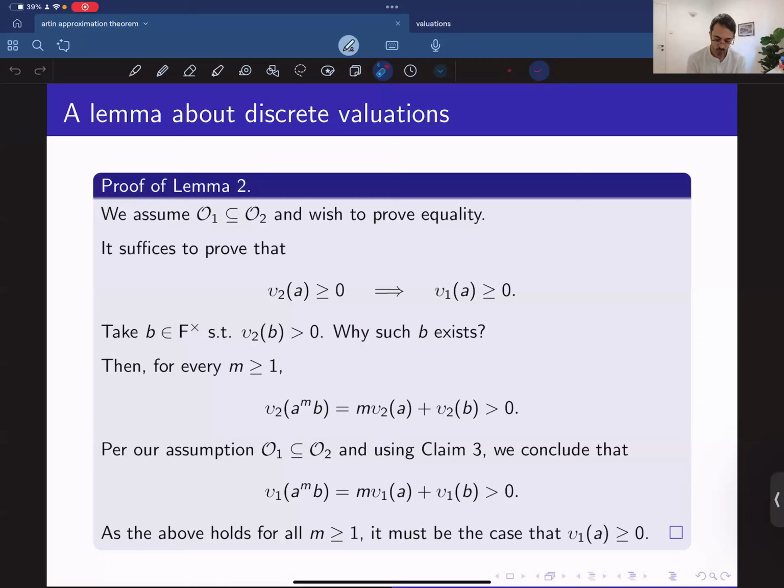Okay, but so what happened here? We just proved that regardless of what M is, this has a strictly positive valuation. And by the claim that we just proved, and because by the hypothesis O1 is a subset of O2, it means that this element has a strictly positive valuation also according to V1.